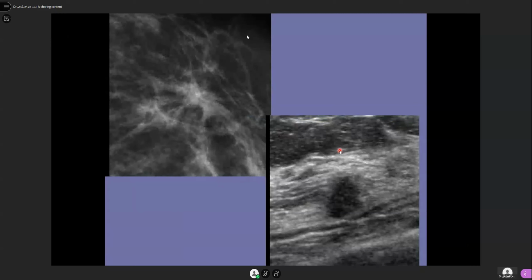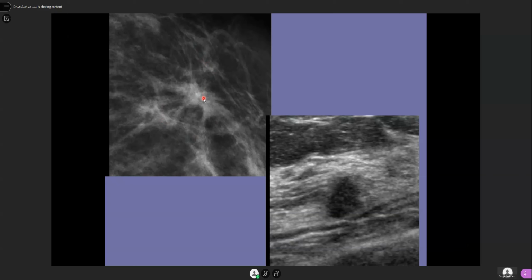Okay, this is a malignant mass. Why malignant? First of all, it is ill defined, and it is causing architectural distortion. You can see that surrounding the mass, the normal architecture of the breast tissue is distorted. Why? Because it is pulling the other tissues towards itself.